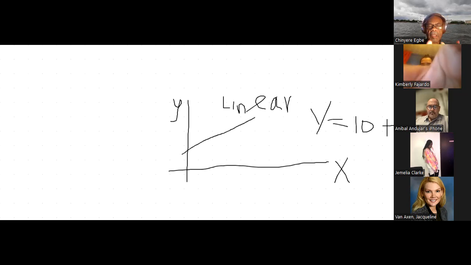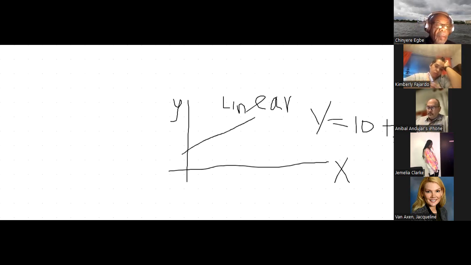So in a linear function, it's easy to say that when x is 2, then y is 10 plus 2 times 2, which is 14. If x is 3, then y is 10 plus 2 times 3, which is 16, because 2 times 3 is 6, and you add that to 10. And so whenever x changes by 1, the value of y will always change by 2. So that's a linear function.